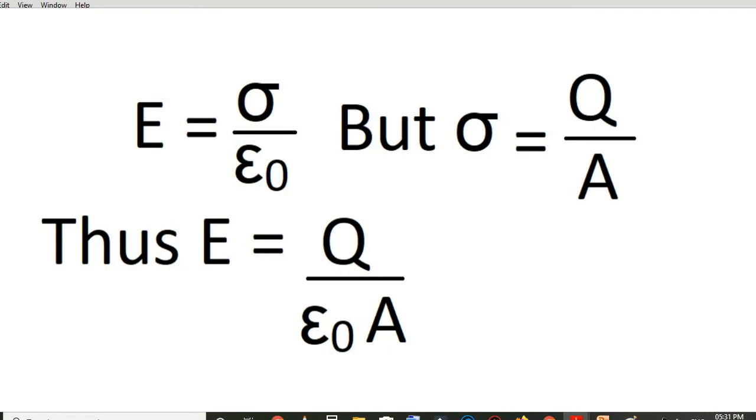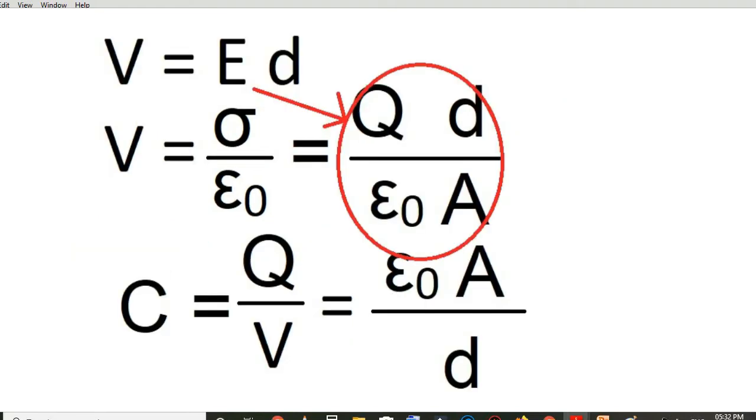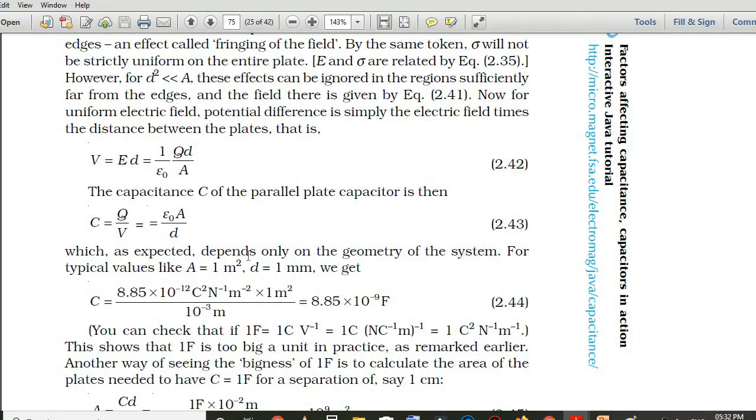Then sigma is equal to Q by A, therefore E is equal to Q by epsilon 0 A. But the relation between potential difference and electric field is V is equal to E into D. That is, V is equal to Q by epsilon 0 A into D. Thus, C is equal to Q by V is equal to epsilon 0 A divided by D. In this way we can verify that capacitance of a capacitor only depends upon the geometrical factors.